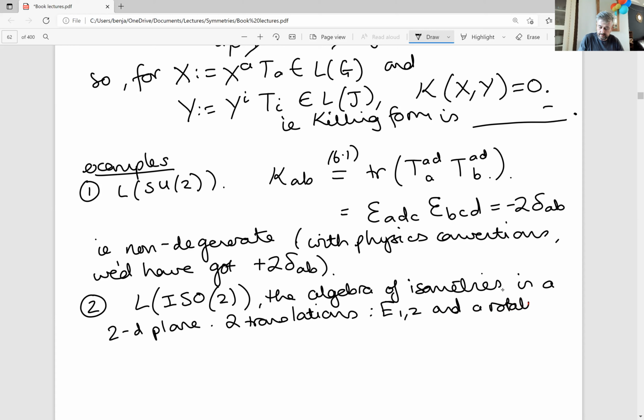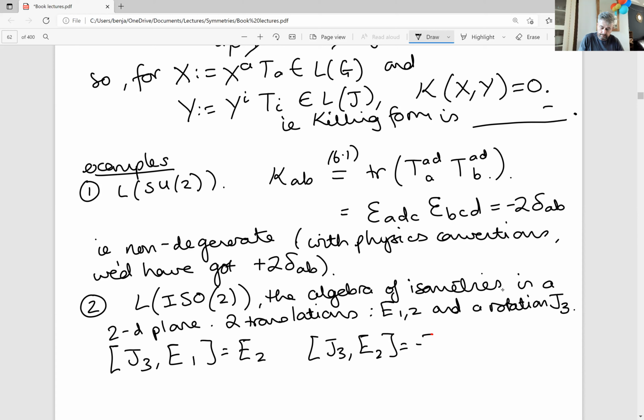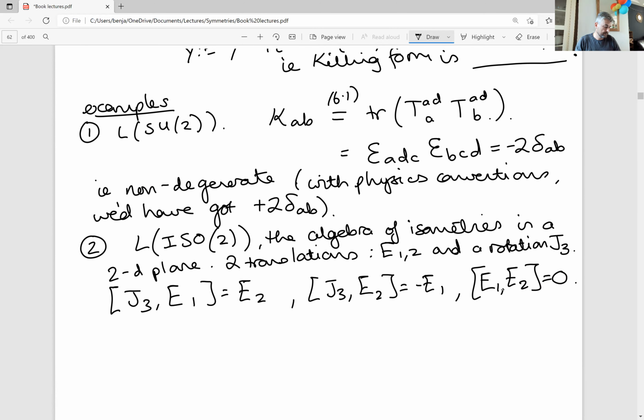We'll call this J3. So the Lie algebra is J3 Lie bracket with E1 gives you E2. J3 Lie bracket with E2 gives you -E1. And the Lie bracket between the two translations is 0.